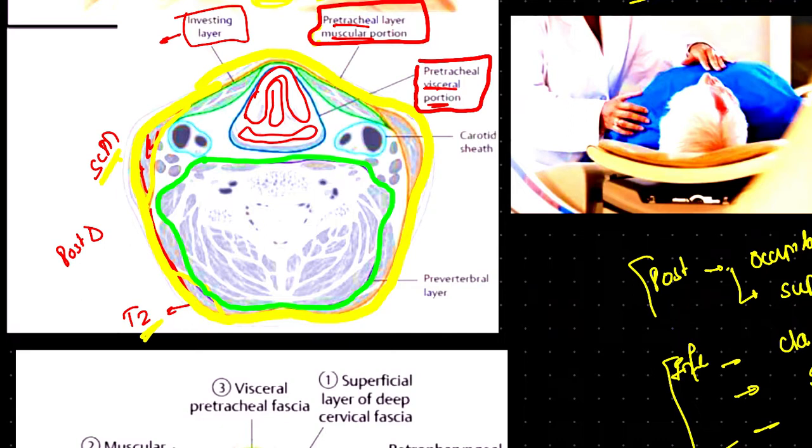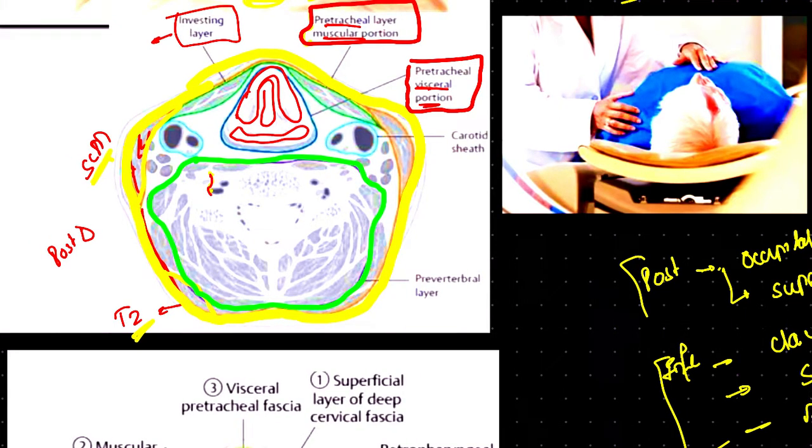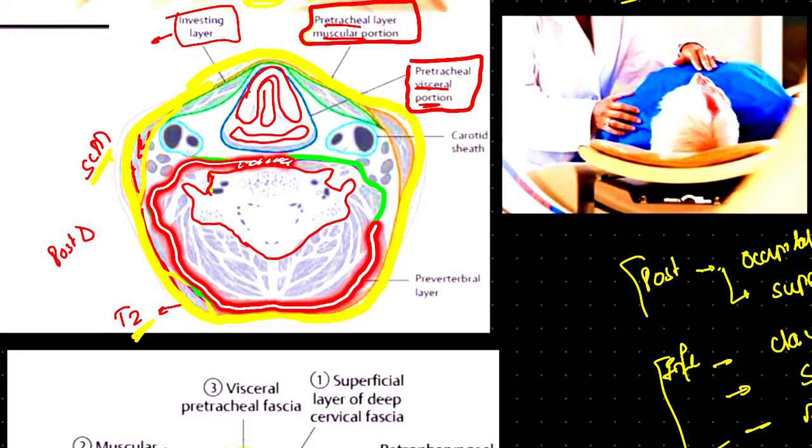Because if you see clearly, what is this? This is our vertebra. Let me show it like this. This is our vertebra, right? Just in front of this vertebra, we have the pre-vertebral fascia that we drew, right, like this.